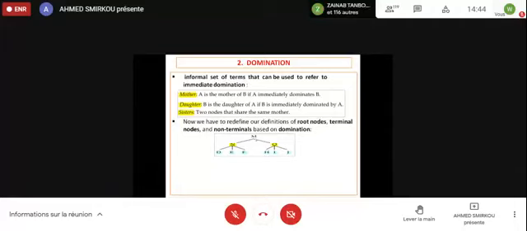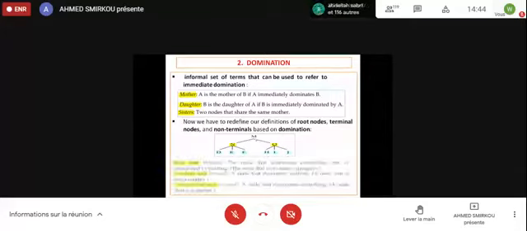Now we need to say that a non-terminal node is a node that simply dominates something.